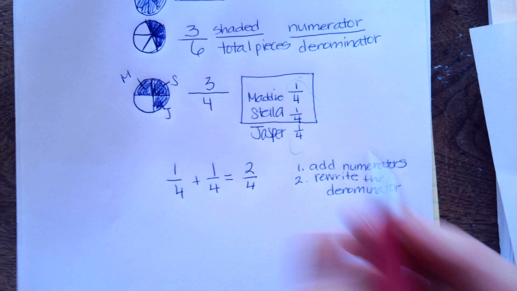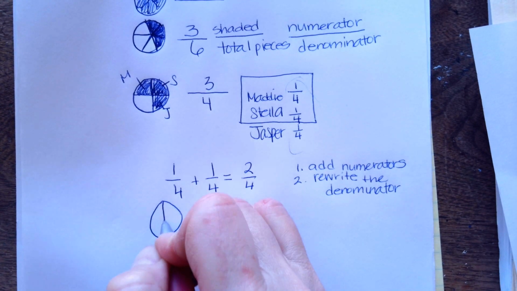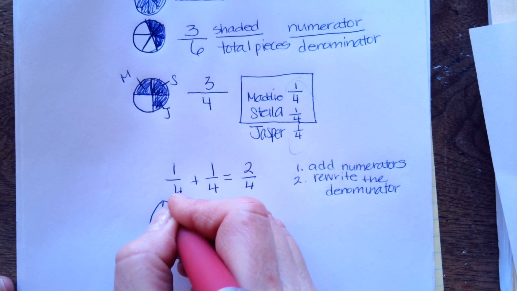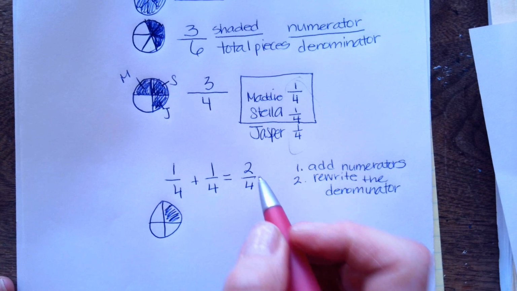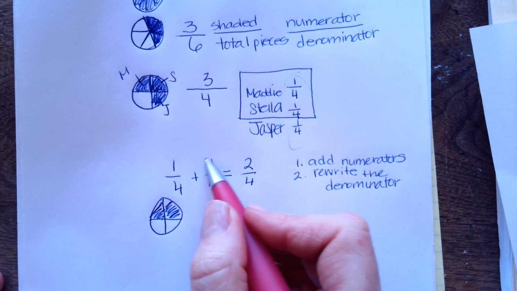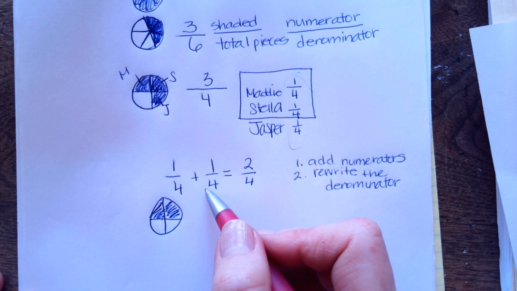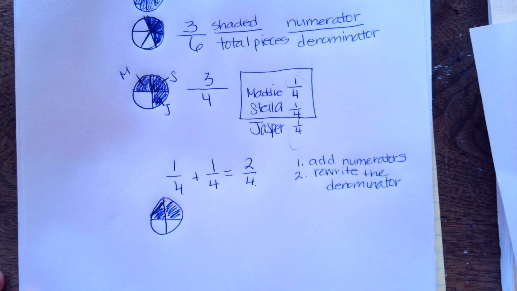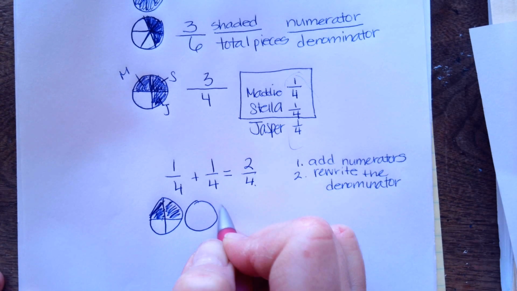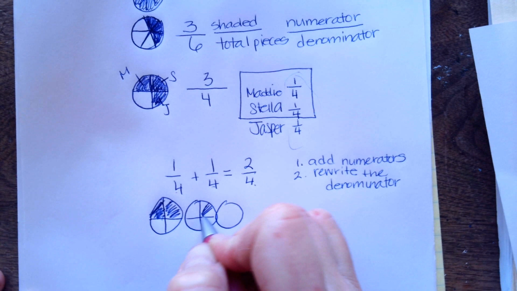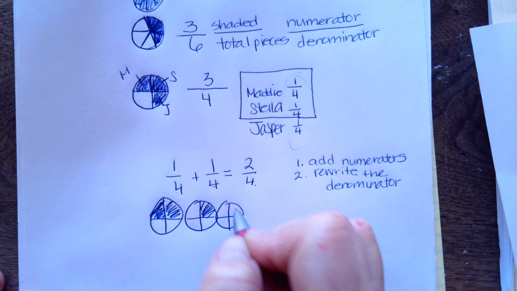And the reason why we did that is because you had 1 piece. And couldn't we fit Maddie's piece in here too? So we don't need a whole other pizza. We just fit this in here. So it's 2 pieces out of 4. Does that make sense? If we did it the other way where we added these two numbers, it would be Maddie ate one piece and Stella ate one piece.